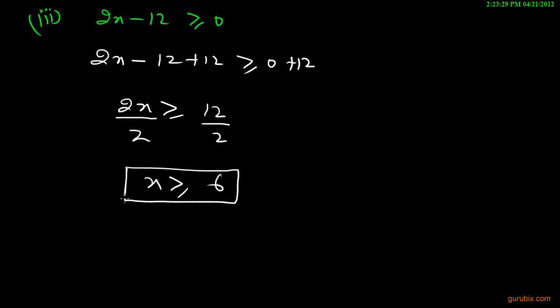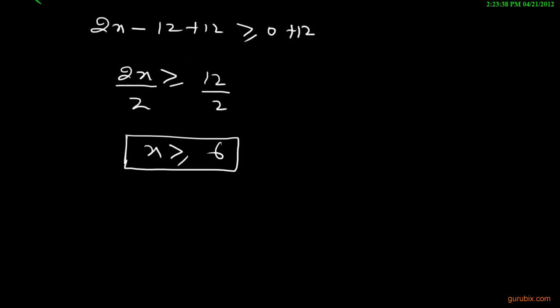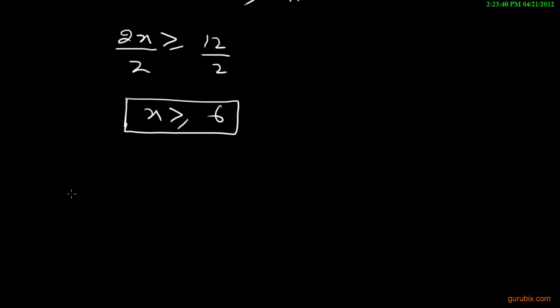So this is the solution of the given inequality, and we can represent it on a number line like this. Here is a point 6, and because x is greater than 6, all the numbers greater than 6 are in the solution set of the given inequality.